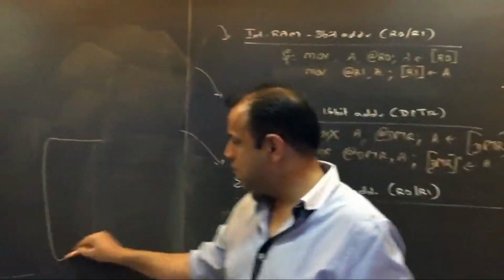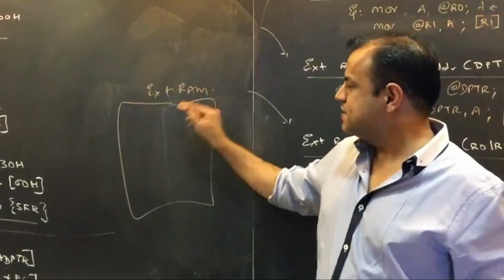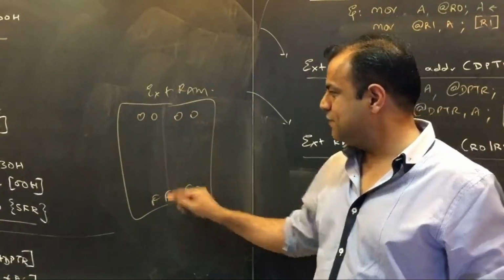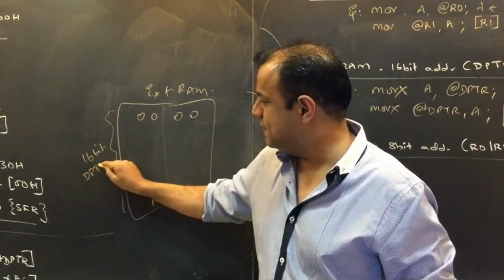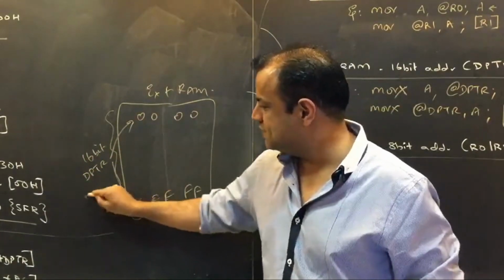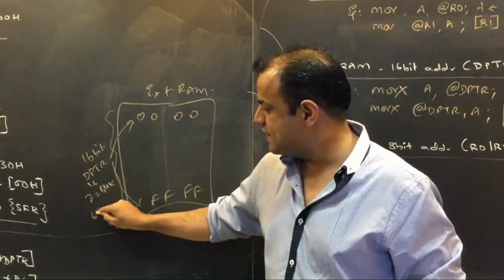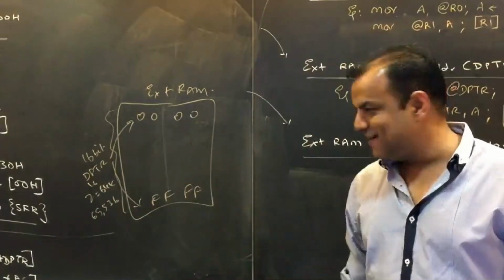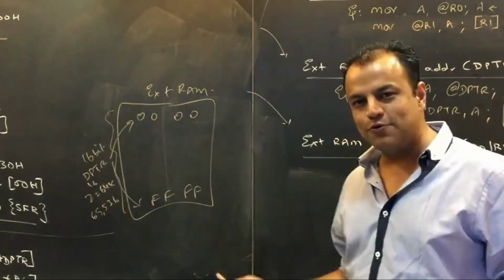How does this work? Look here. This is external RAM. External RAM has addresses 0000 to FFFF, which means they are 16-bit addresses which are given by DPTR, which can access the whole external RAM, giving you 2 raised to 16, which is equal to 64K, 65,536 locations. My point is, using DPTR, you can access the whole external RAM 0000 to FFFF.